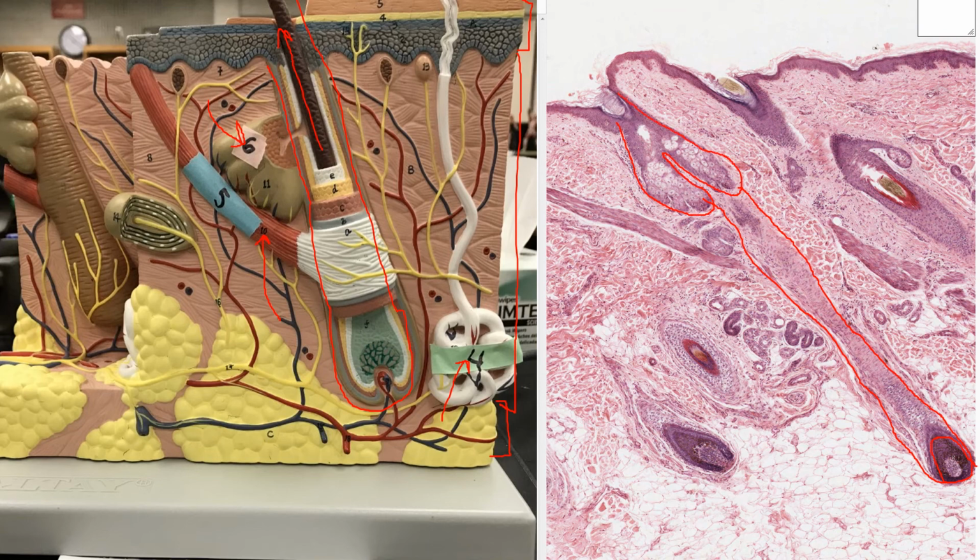Does it look like the sebaceous gland here? Maybe just from a different view, or maybe this sebaceous gland, kind of wrapped around the outside of the follicle. Here's the erector pili muscle. Okay, right next to the follicle, kind of like what we see on the right over here, and right next to the sebaceous gland. So there's the erector pili muscle, kind of in the same place.